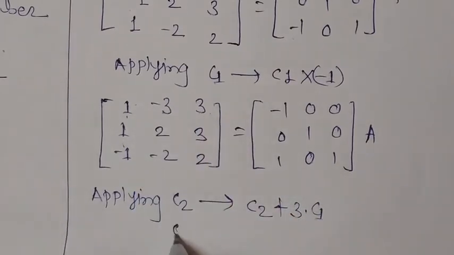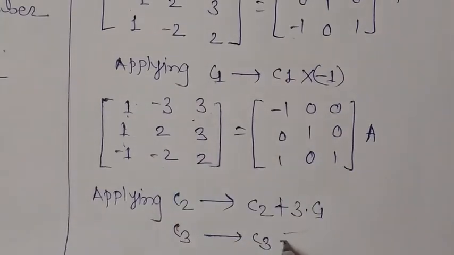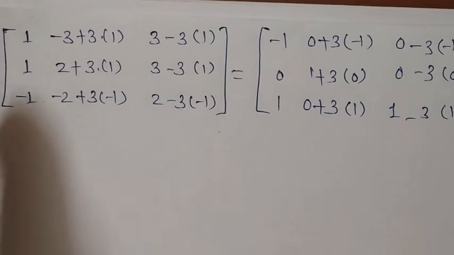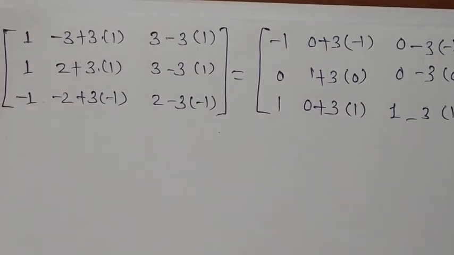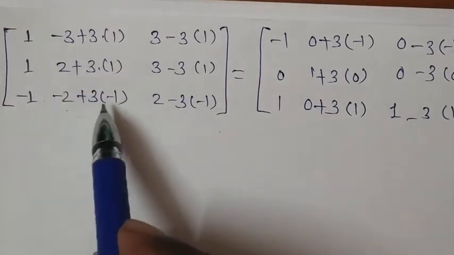And for C3, it is minus 3 times C1. Do it the same way. So we can write the first column as 1 1 minus 1, then column number 2 as minus 3 2 2 plus 3 times column 1.